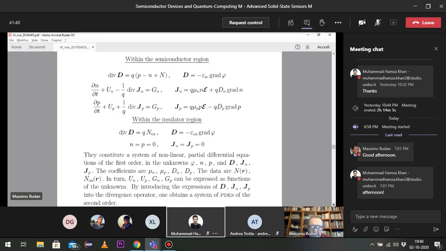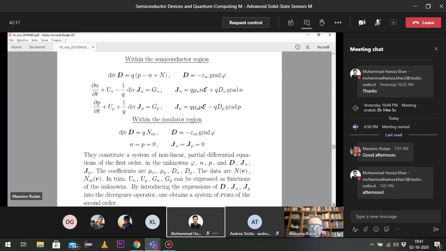They also have another inconvenience that some of the unknowns are scalars, and that is acceptable, but some other unknowns are vectors, like E, Jn, or Jp, okay? But this can be fixed, because if you just look at the structure of this system, consider the first line.